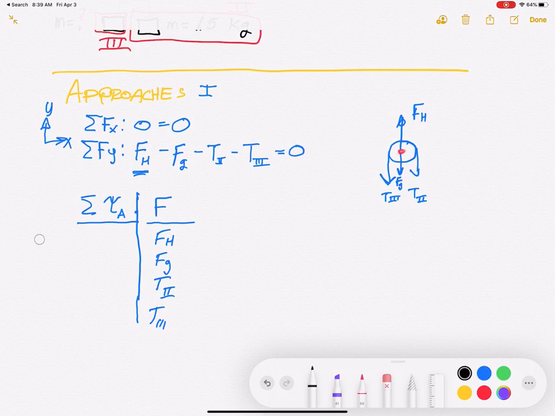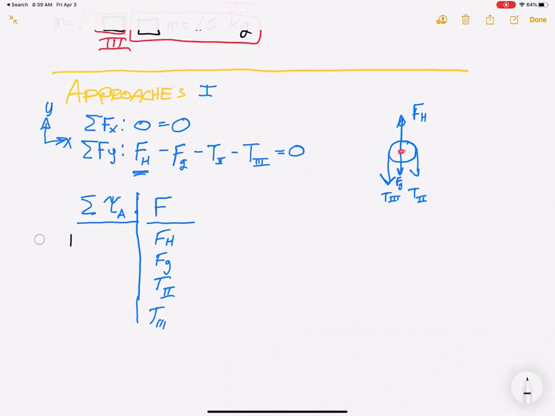And let's apply the torque to each of these cases. So the torque is going to say, I'm going to have my full radius, a radius from the axis crossed into where FH acts.